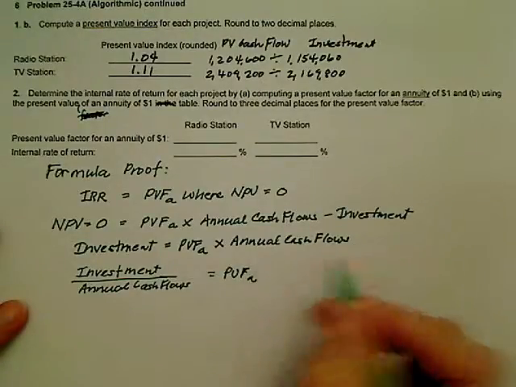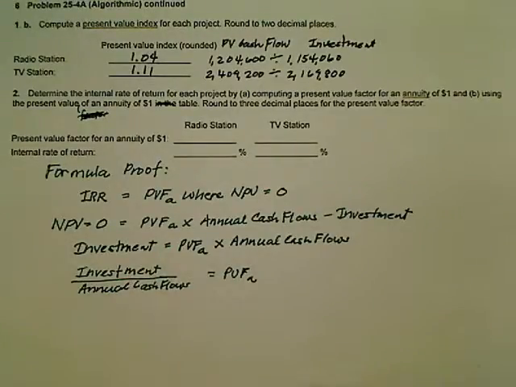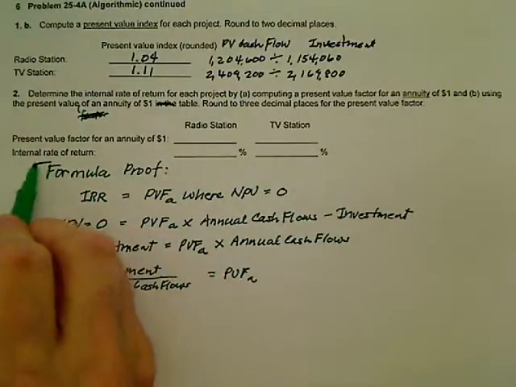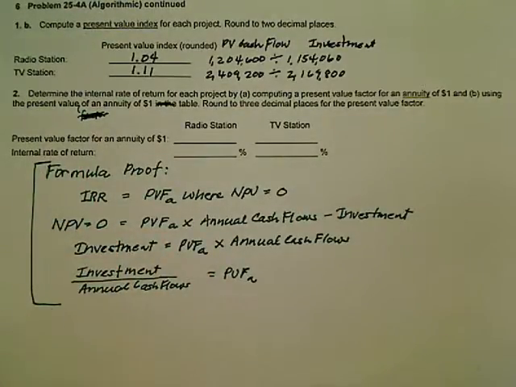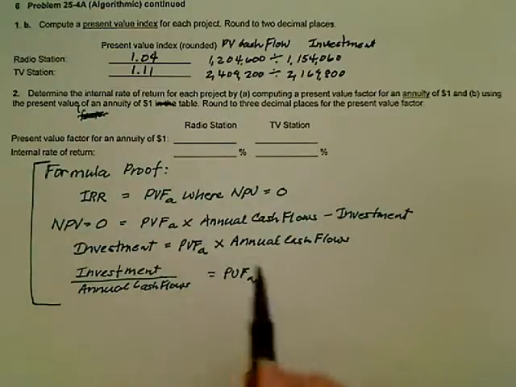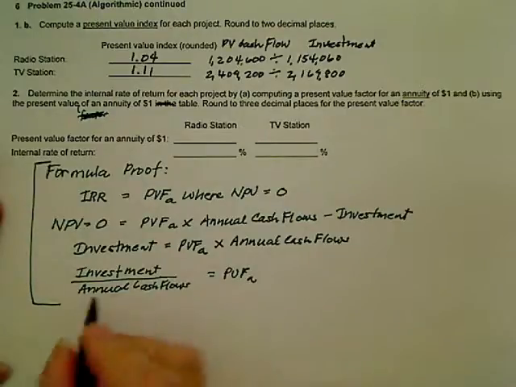So let's go ahead and do it for the radio station. I did this in green because this is the formula proof, and I hope you can see it in green on my screen. Right now it looks black, so maybe you can't tell the difference.